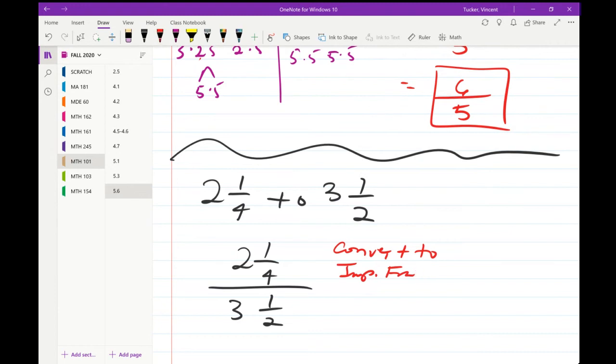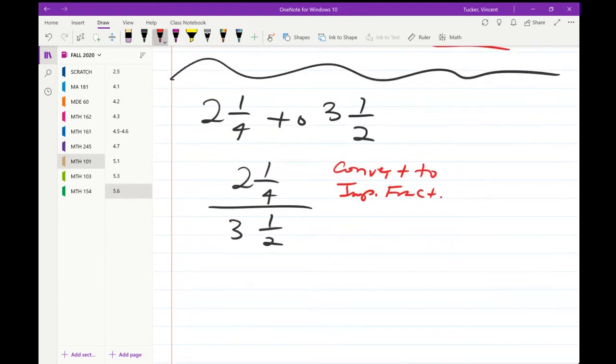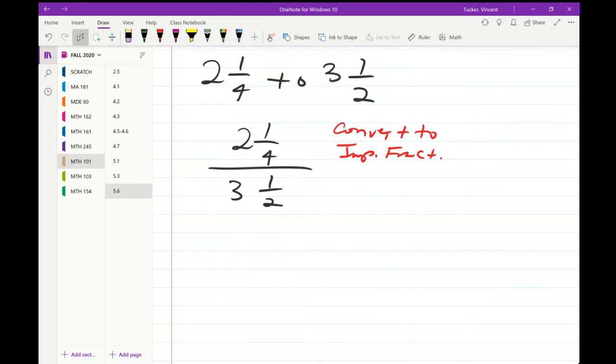And so since we have this situation, we should go ahead and convert to an improper fraction. So that's 2 times 4 plus 1 over 4 for the first one.